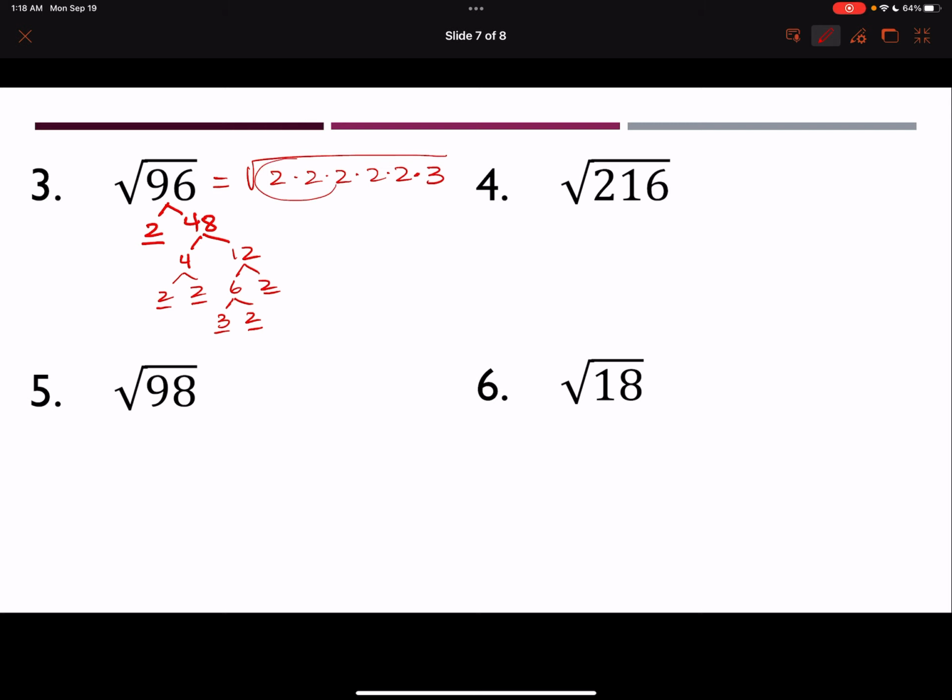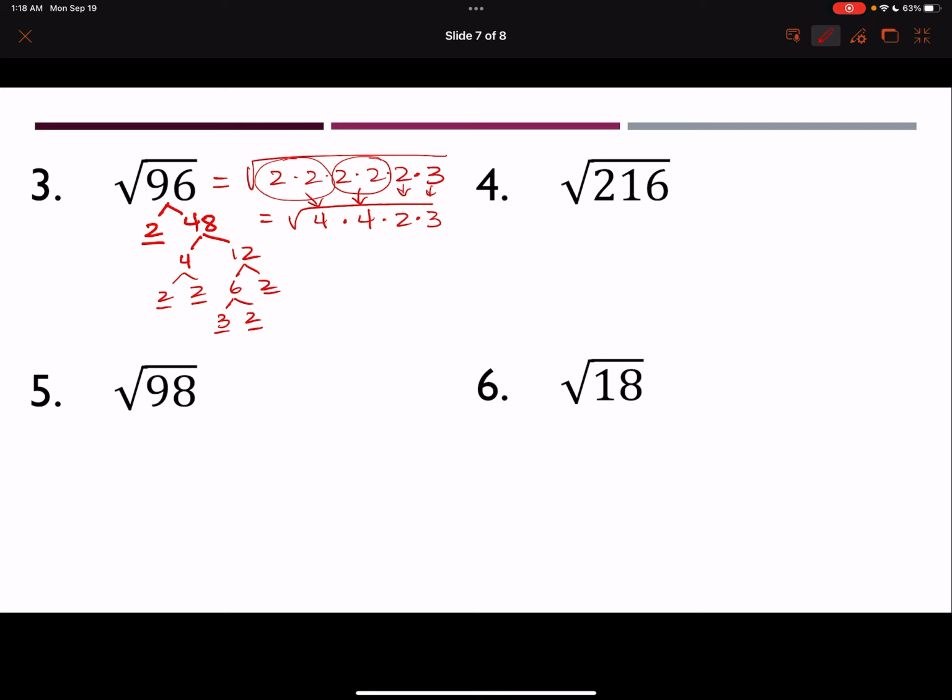And again, remember, I'm looking for pairs because I'm looking for perfect squares. So 2 times 2 is 4, and then this pair of 2's also becomes a 4. Now this 2 here and this 3 don't have anything to pair up with, so I'm just going to rewrite them.